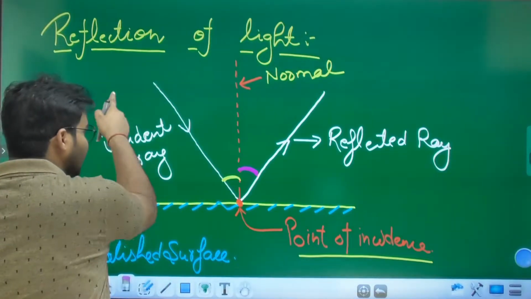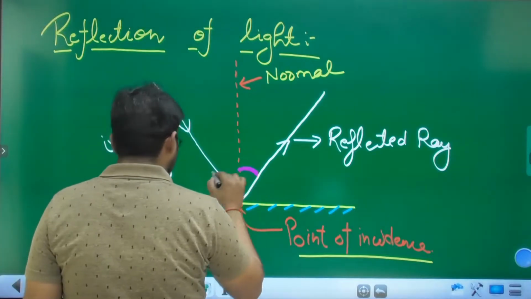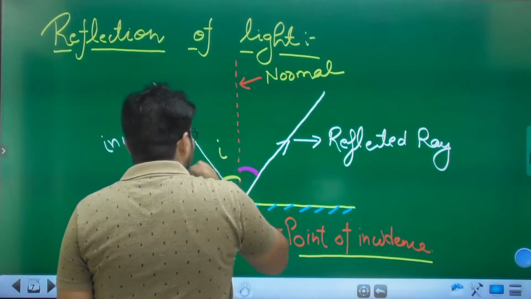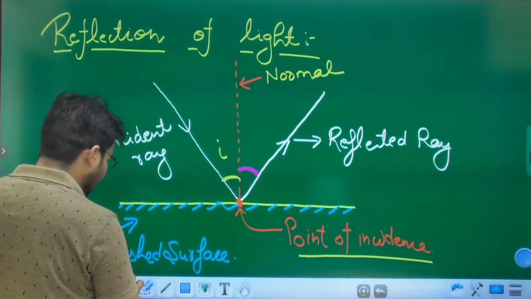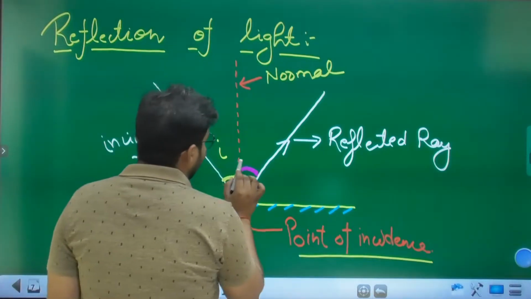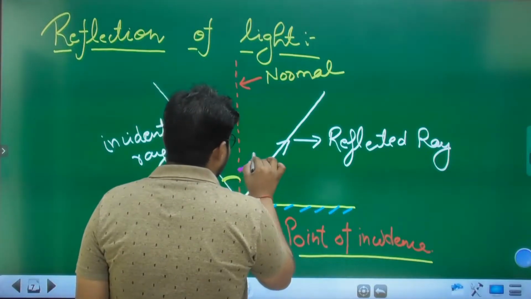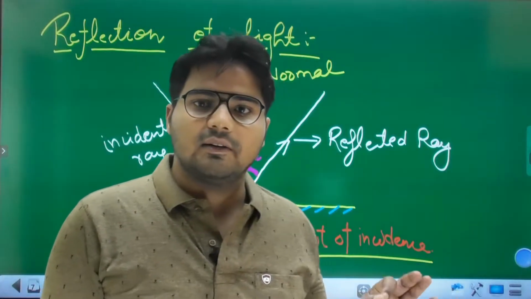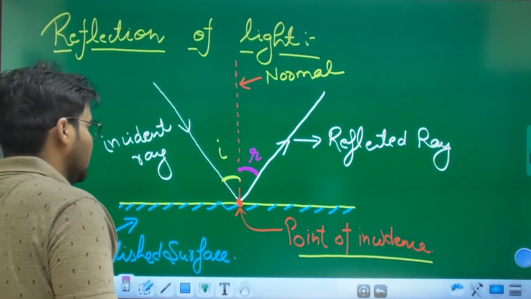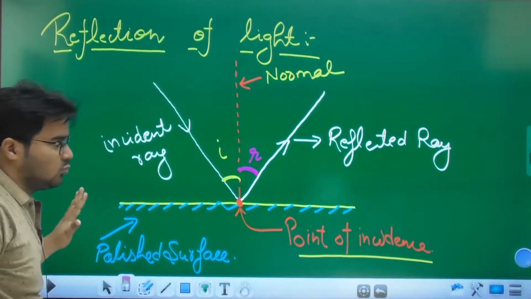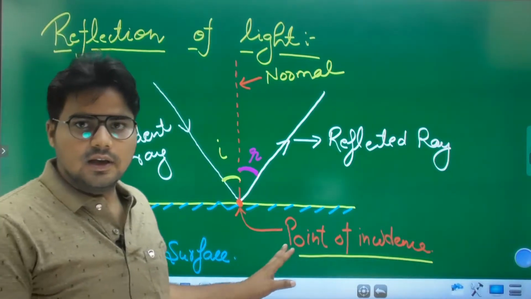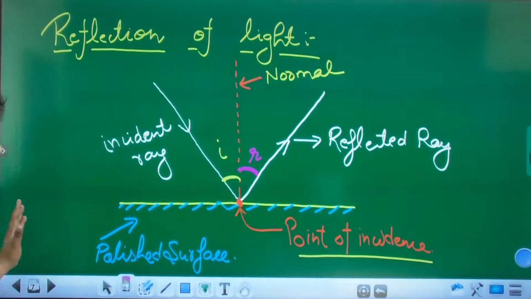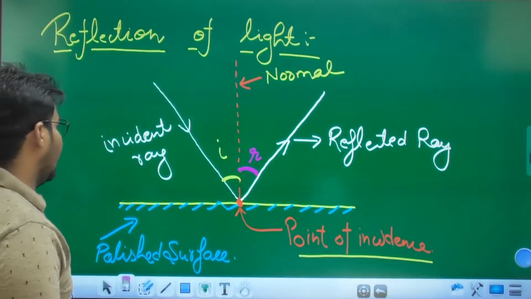The angle between the incident ray and the normal is called the angle of incidence and is denoted by i, and the angle between the reflected ray and the normal is the angle of reflection, denoted by small r. Clear? So these are the points you have to study in the reflection of light. Take a screenshot, and we have to move to the next.